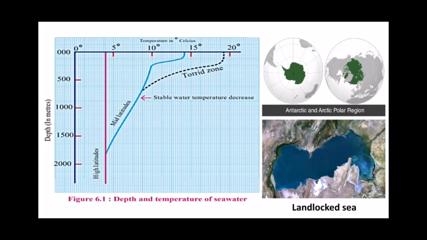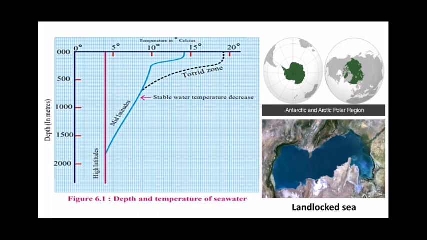So the first question is, what is the maximum temperature of seawater in equatorial areas? How much is this temperature at a depth of 500 meter? So let's answer the first question, the maximum temperature of seawater in the equatorial regions.